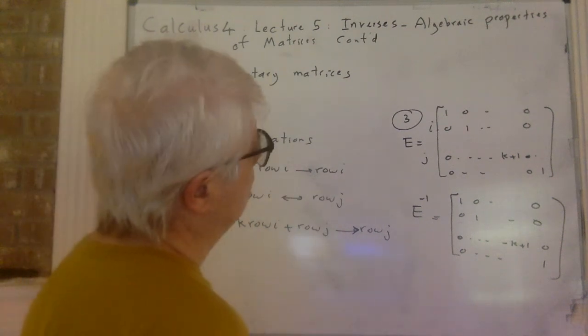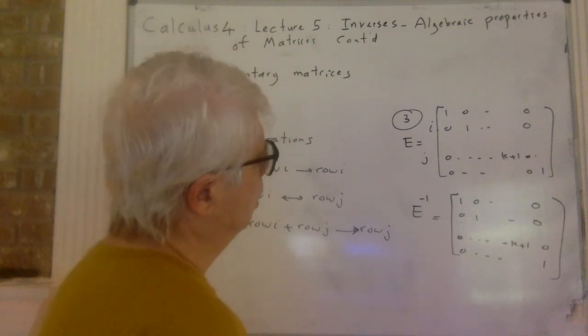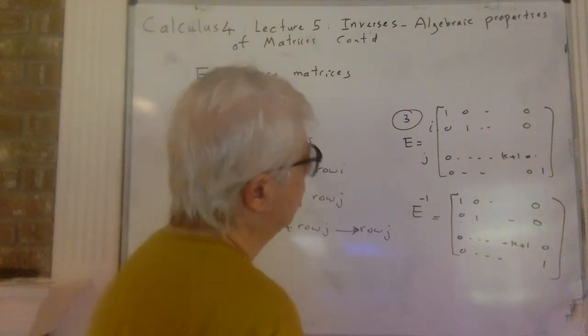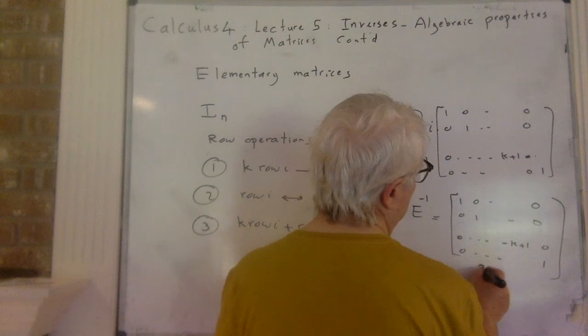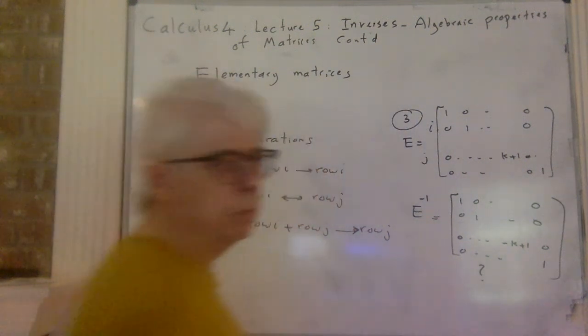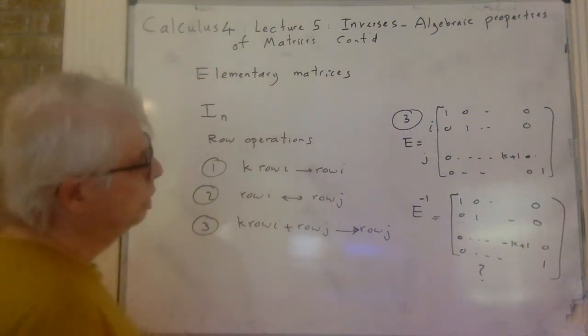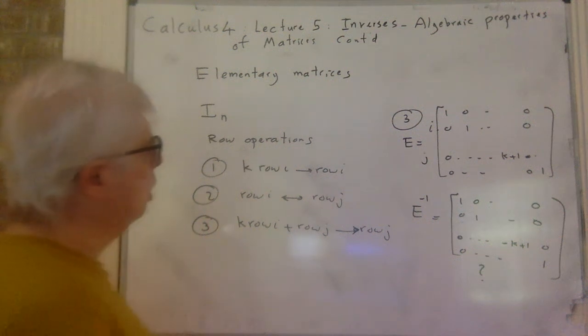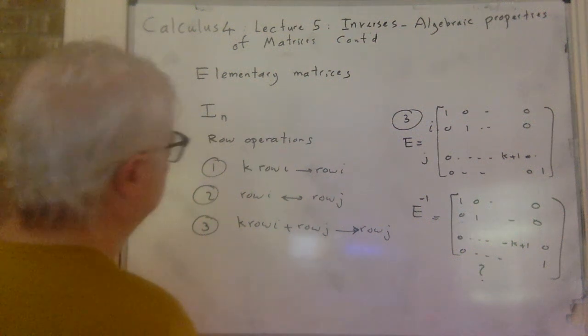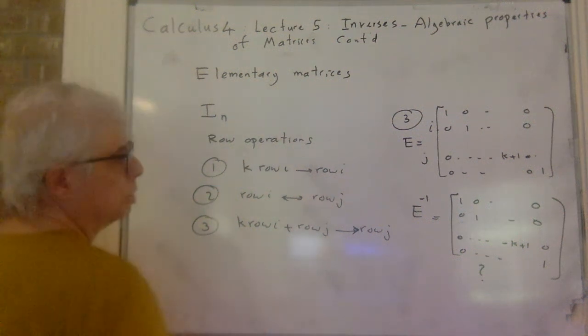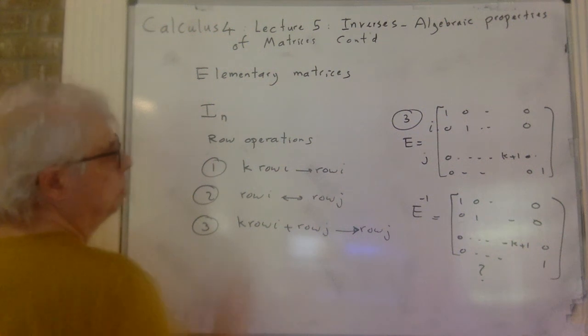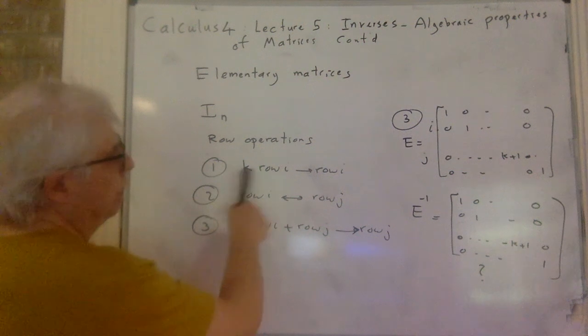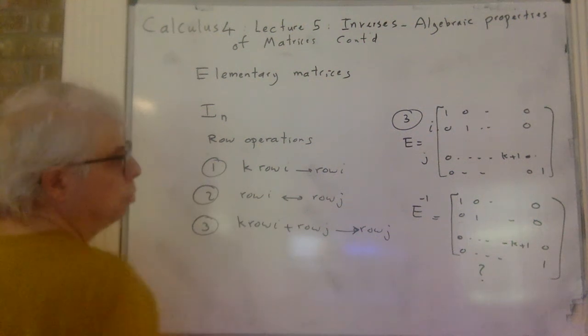Okay, well let me, I'm not sure if I think that's correct. So let me put a question mark here and you check this thing and see if that is in fact correct. But anyway, what I'm trying to say is that applying a row operation to a matrix is like multiplying that matrix by an elementary matrix with the same property.